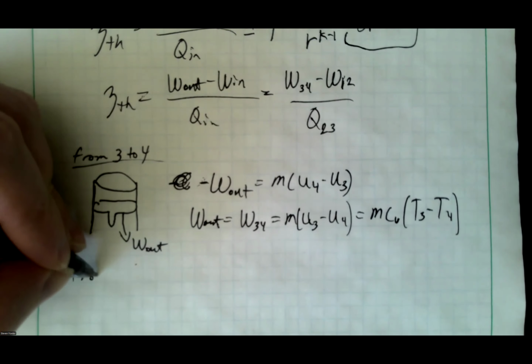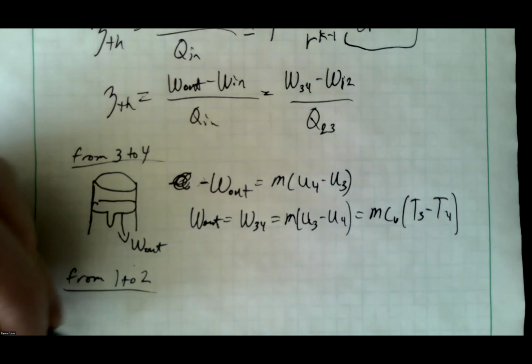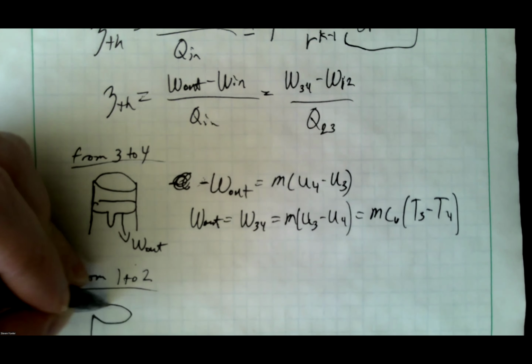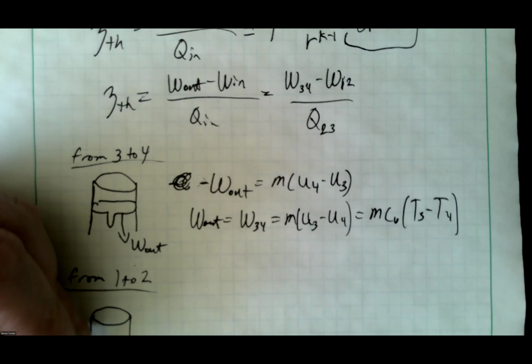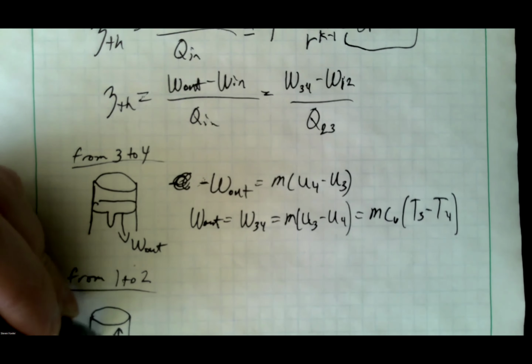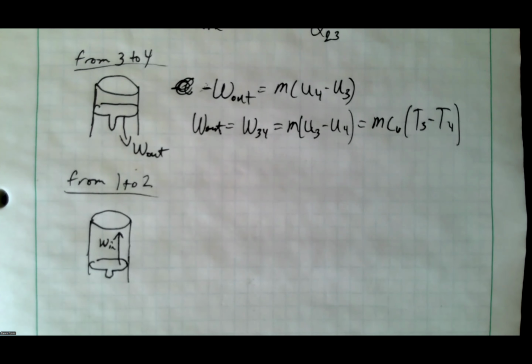And then from 1 to 2, it's the same basic process. I've got this piston. It starts out down here at the bottom dead center, and I put work in to compress it. It's isentropic, meaning it's adiabatic and reversible.